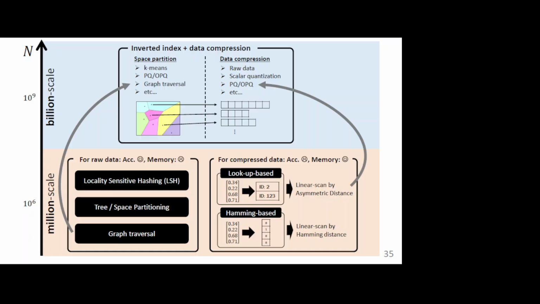The left-hand approach focuses on processing the raw data. We don't compress your vector data. Because you don't apply compression, your accuracy will be higher, but the memory consumption is also higher because the data is not compressed.